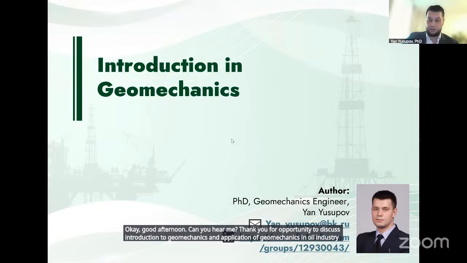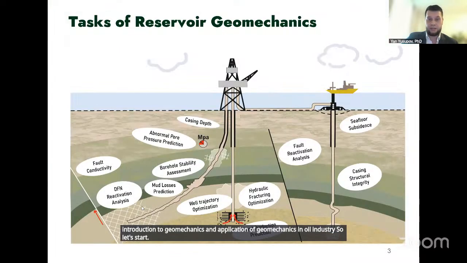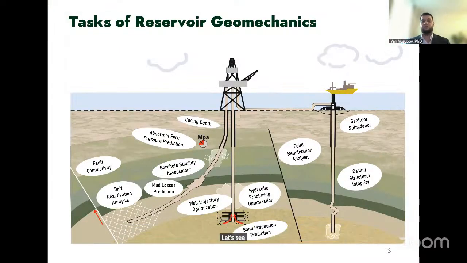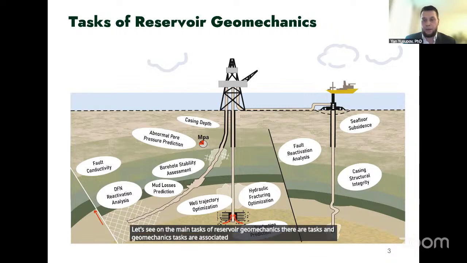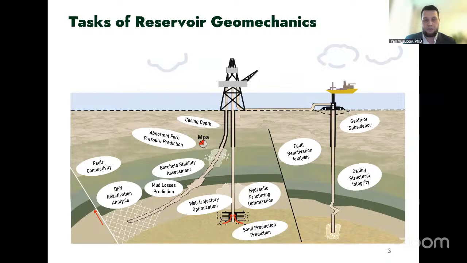So let's start. Let's look at the main tasks of reservoir geomechanics. The main reservoir and geomechanics tasks are associated with drilling, exploration and exploitation of oil and gas fields. You can see the main tasks on this slide.